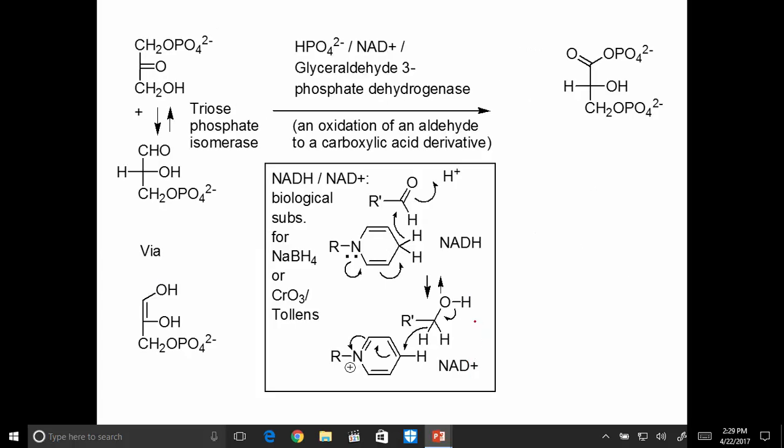All right, so we're going to take the glyceraldehyde piece and we're going to basically oxidize the aldehyde unit to the equivalent of a carboxylic acid, okay? And in these redox reactions in biology, we don't use chromium-6 and sodium borohydride.